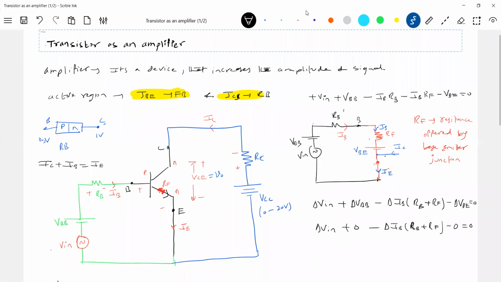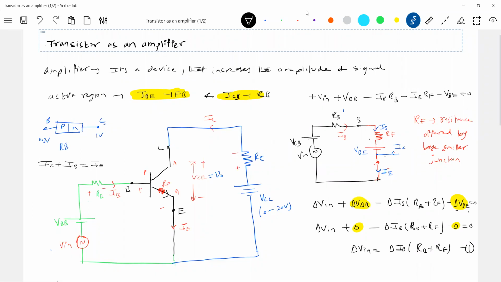The barrier potential is 0.7 and the applied voltage is 2 volts, so they are constant here. These constant terms I'll just highlight. So finally, what is delta V in? Delta V in equals delta IB times (RB plus RF).